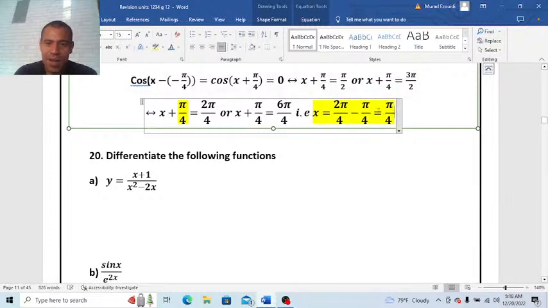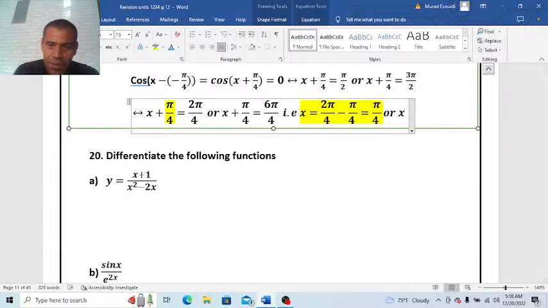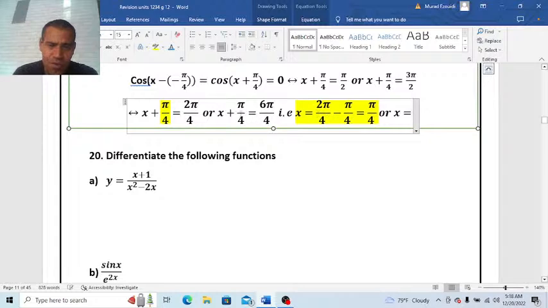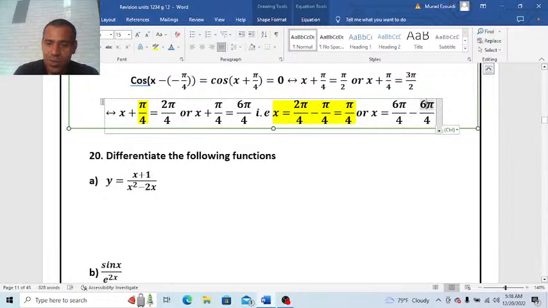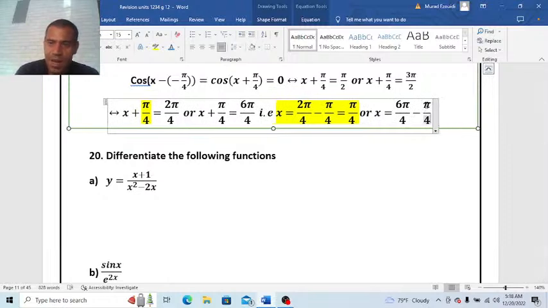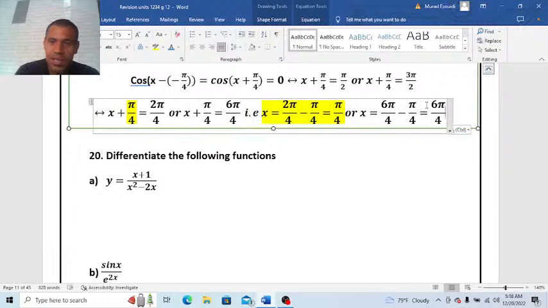Now to find the next one, I will move to the second one, or you can say x equal 6 pi over 4 minus pi over 4, which is in fact equal to 5 pi over 4, because 6 minus 1 is 5.